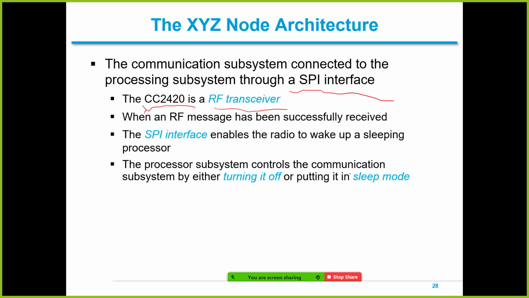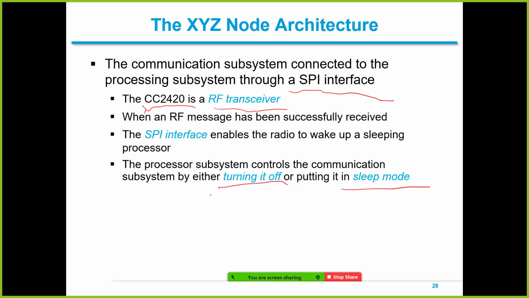And the processor subsystem controls the communication subsystem by either turning it off or putting it in a sleep mode. In many wireless sensor nodes, they have this function, to either turn off the communication subsystem or let it sleep, because in this way we can save more energy.